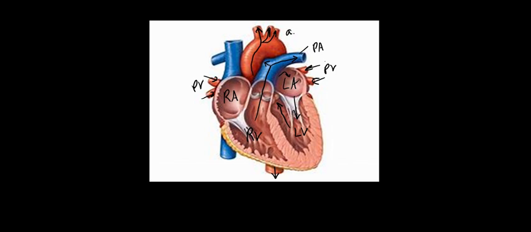So this is my aorta, before returning back to the heart via the vena cava, both the superior and the inferior vena cava, which is going to be the main vein. So here we have our atrioventricular valves on this side and this side here, and then we have located here and here our semilunar valves.